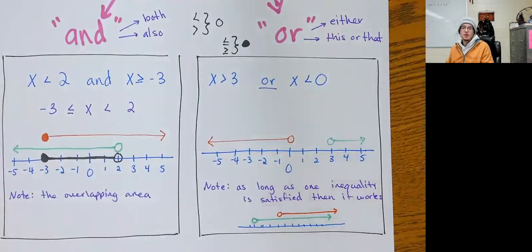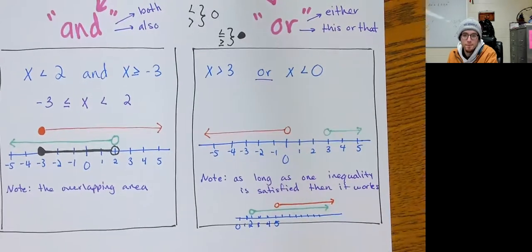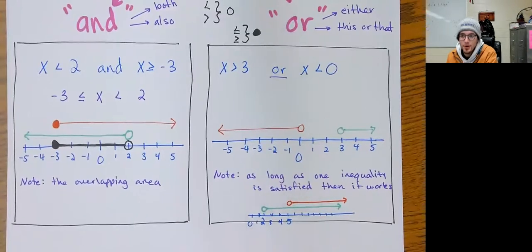If I have this as an OR statement, actually, I am going to give them numbers. Let's say that this is 1, 2, 3, 4, 5. We only need to satisfy one of them.